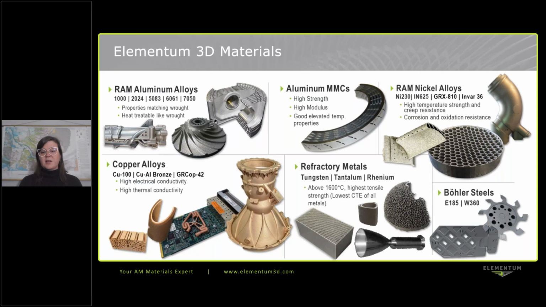So I have two colleagues here today, Ben Rafferty, who will talk a little bit about our nickel materials and the work we've done there. And then also Hu Chun Yi is going to talk a little bit about our copper materials. So we just want to chat about these materials and how we've been able to utilize them to help with some of these supply chain issues in AM.